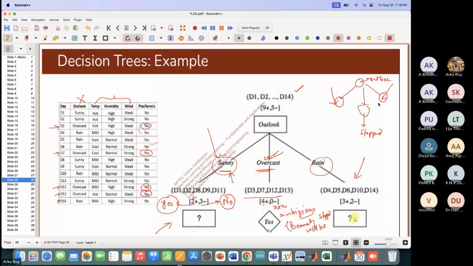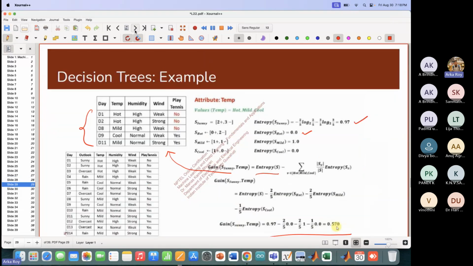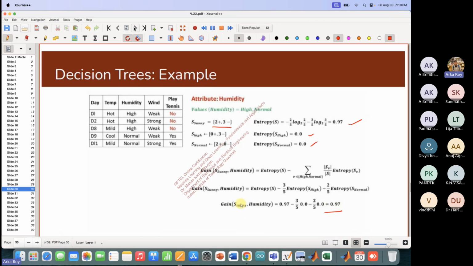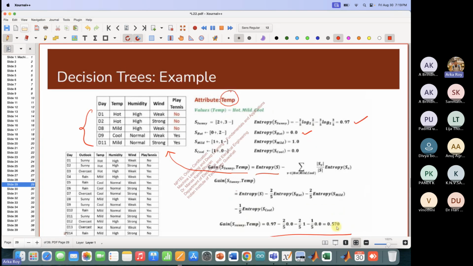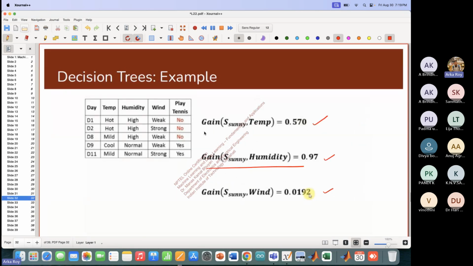If you go to the next slide, you will see they are now considering temperature. Inside temperature, there is high and low. Again, you have to calculate all these gains, for humidity as well. In the previous slide, they have calculated gain for temperature. So based on this, you have to expand the tree, and you can see that out of temperature, humidity, and wind, the highest value is given by humidity.